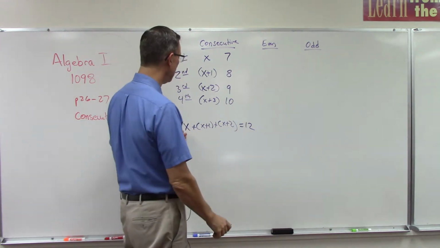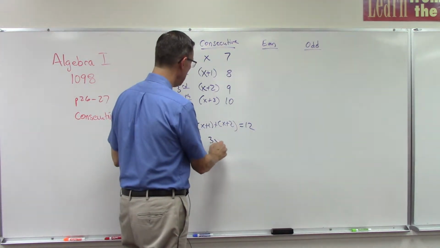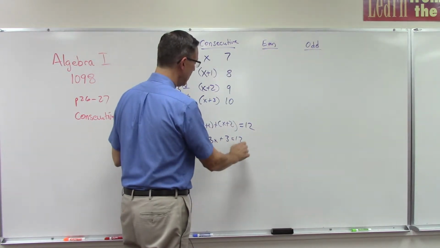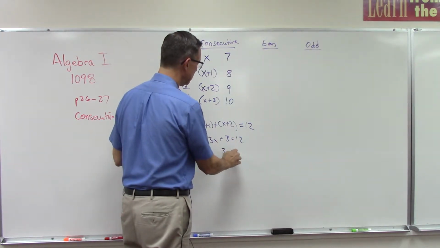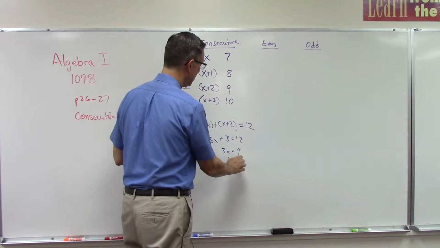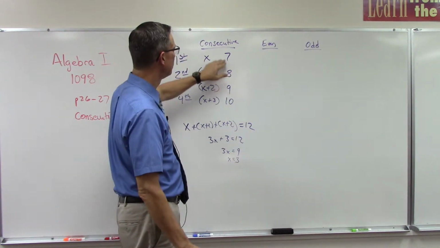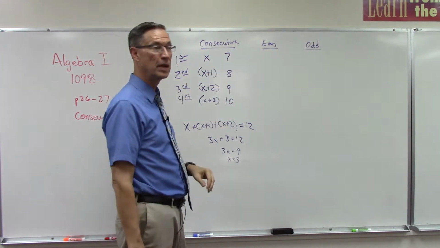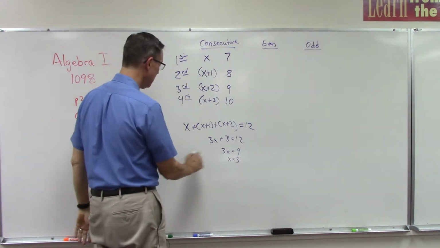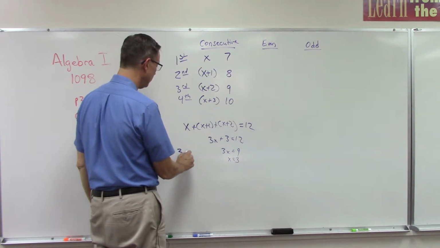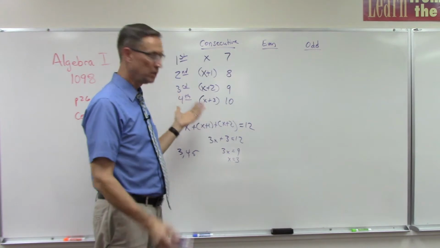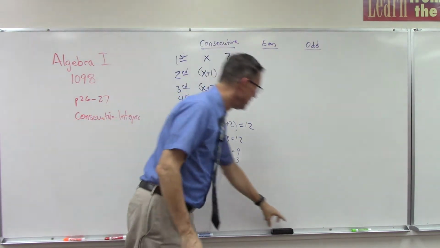Then I would add this up and get 3x plus 3 equals 12. Subtract 3 from both sides, 3x equals 9, so the first consecutive integer would be 3, the next one would be 4, the next one 5. And that's the way I believe you would write your answer, not just X equals 3, you would say 3, 4, 5, because you're being asked to find 3 consecutive integers, okay?